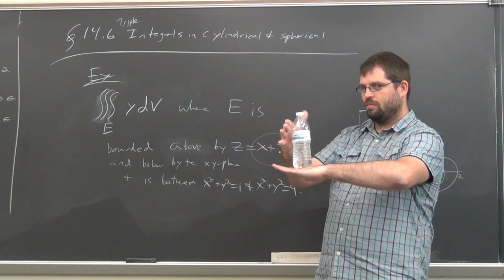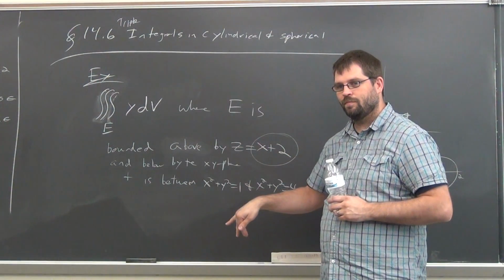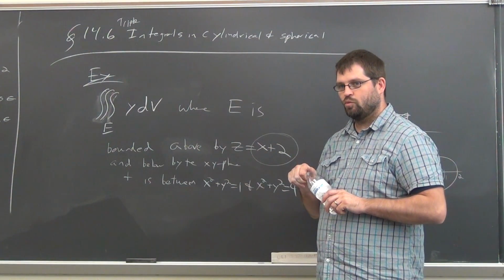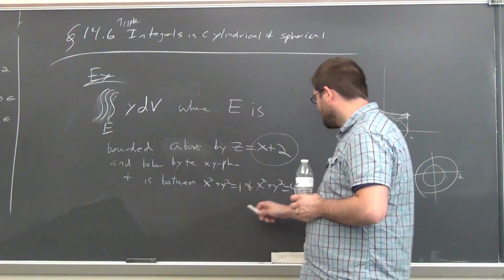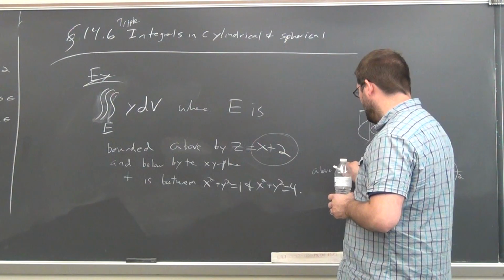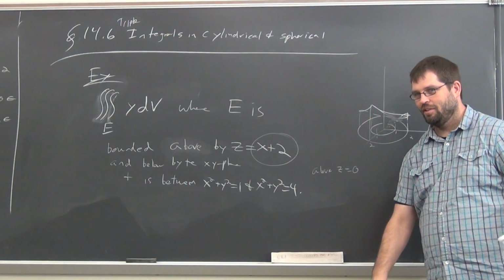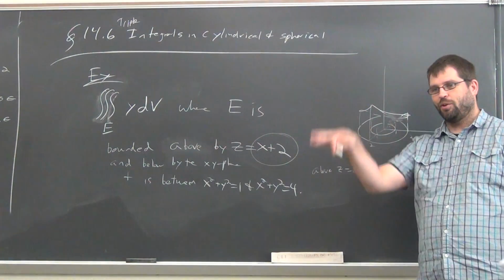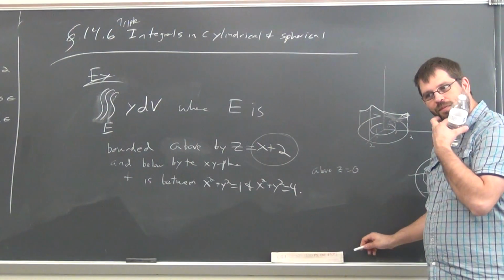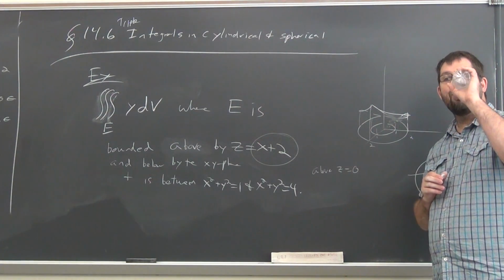And then bounded above, so on top of it is this other plane. Think about above z equals 0, right? Z equals 0 is your plane. You want the region that's above that, so you're only taking the positive part. Does that make sense or not? No.